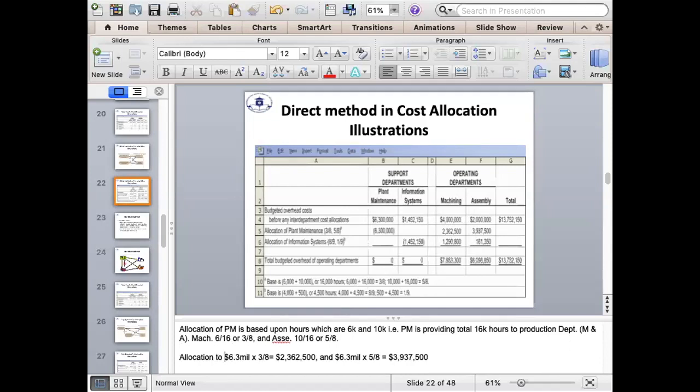Allocation to machining, which is allocation of plant maintenance to operating department.